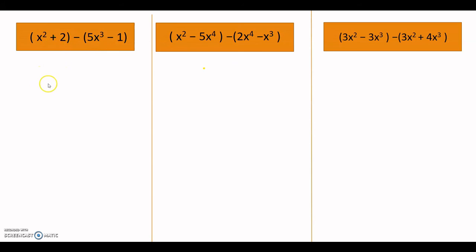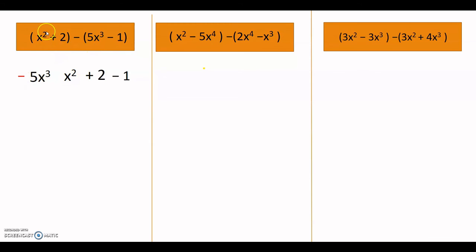Here we will arrange according to exponent. So we have 5x cubed as our highest exponent. Second, we have x squared. Then we have 2, and then we have 1. So here, 5x cubed is positive and we will multiply it by negative, so it will be negative.